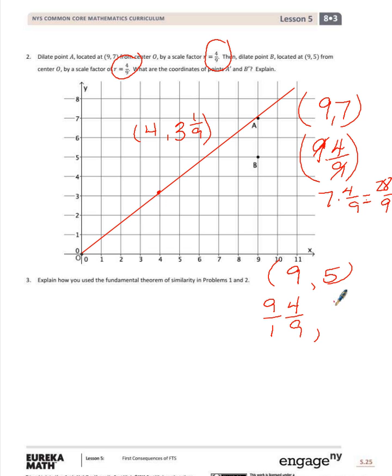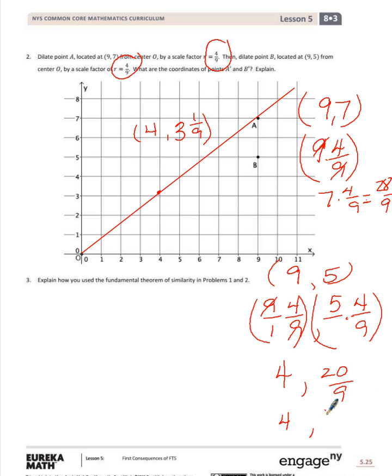And the second one is 5 times our 4/9. 9's cancel, leaves us just a 4 for the x value. And then we have 20 over 9. 9 goes into 20 2 times, and this time 2 is left over. So our second ordered pair is 4, 2 2/9. Go ahead and draw our line.